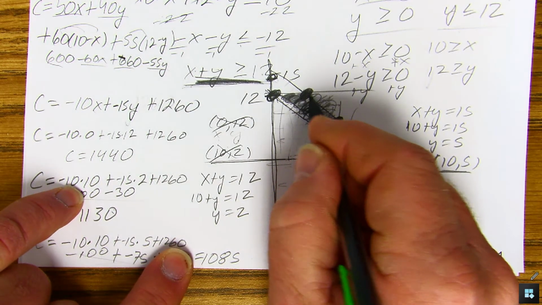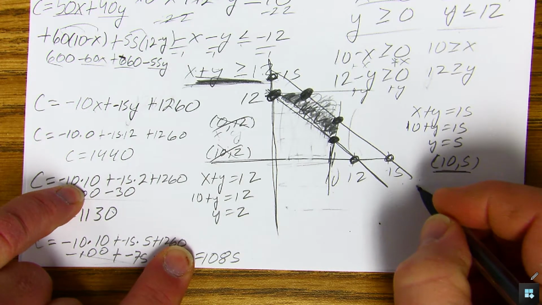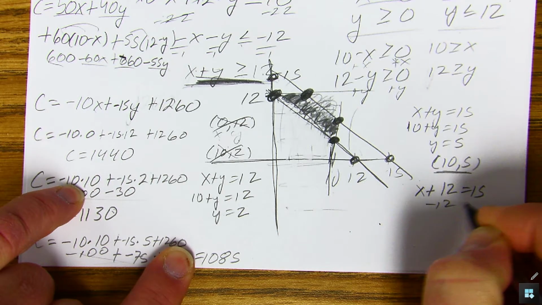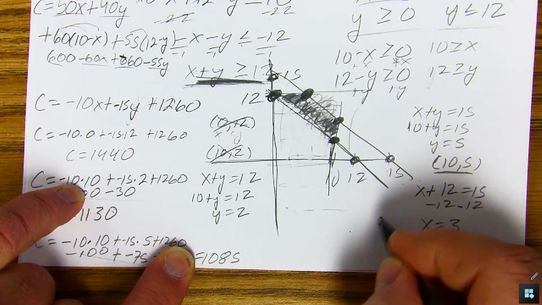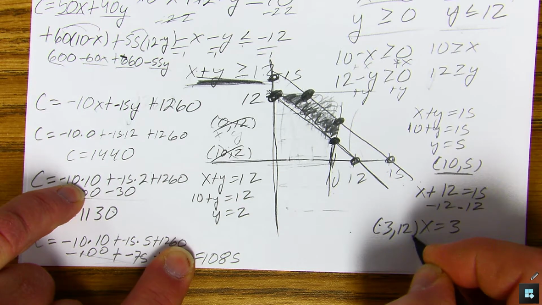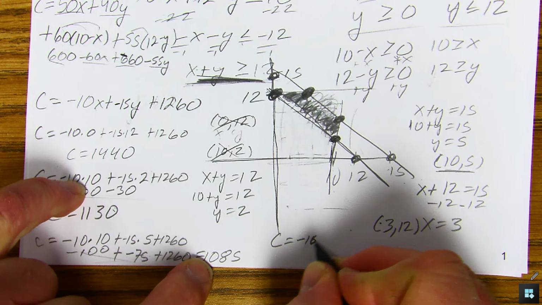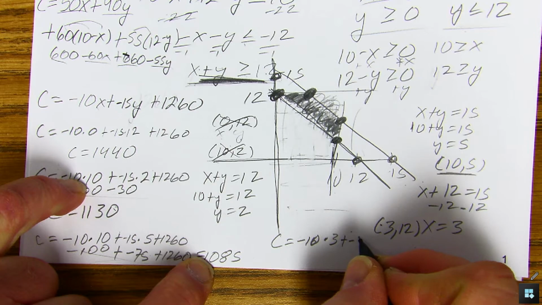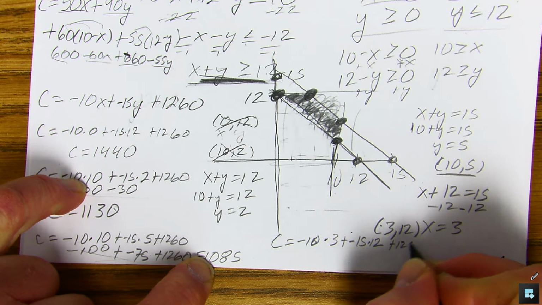Now let's find this point here. I don't know what the x is, but I know the y is 12, so we know that x plus 12 has got to equal 15. Subtract 12, we get x equals 3. So therefore, that's the point 3, 12. So I plug that in. So my cost is negative 10 times 3 plus negative 15 times 12 plus 1260.